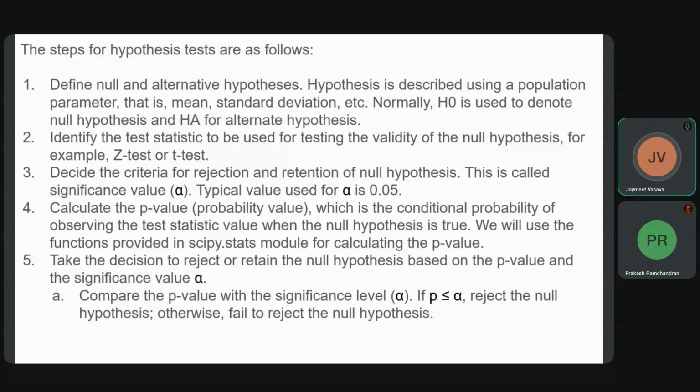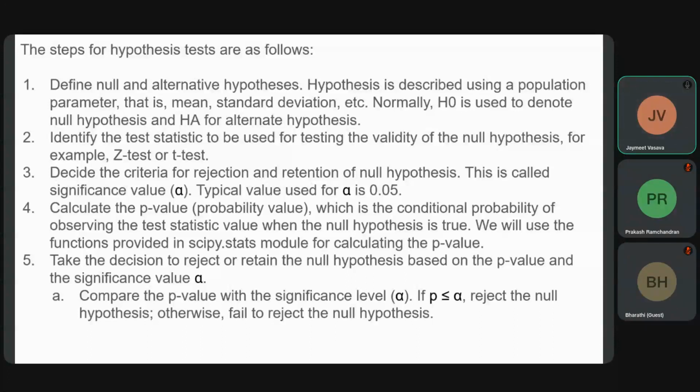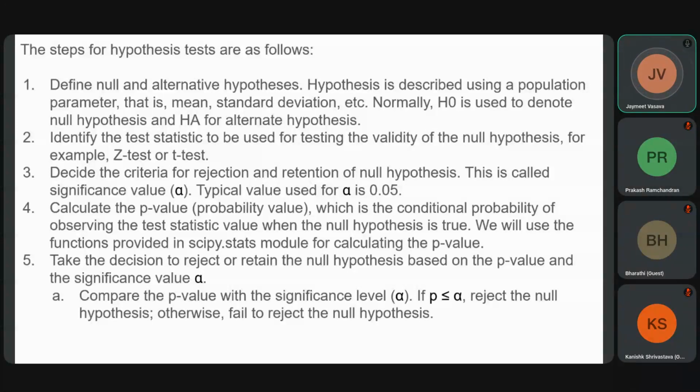Now, taking the decision to reject or retain a null hypothesis: when we compare the probability value with the significance value, or alpha, if the probability value is smaller than or equal to alpha, we will reject the null hypothesis. Otherwise, we'll retain the null hypothesis.